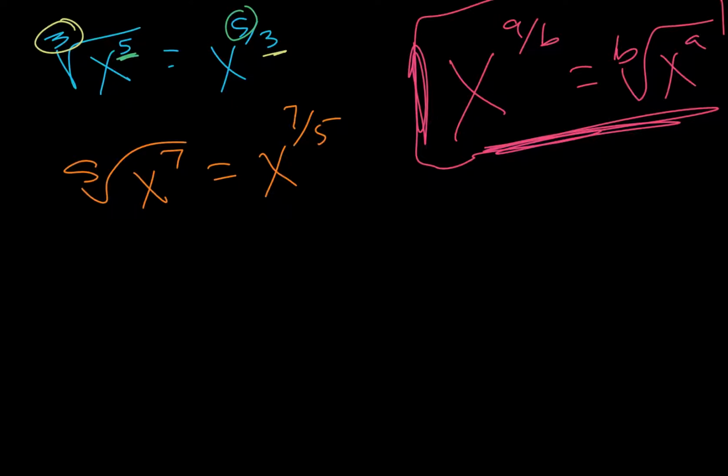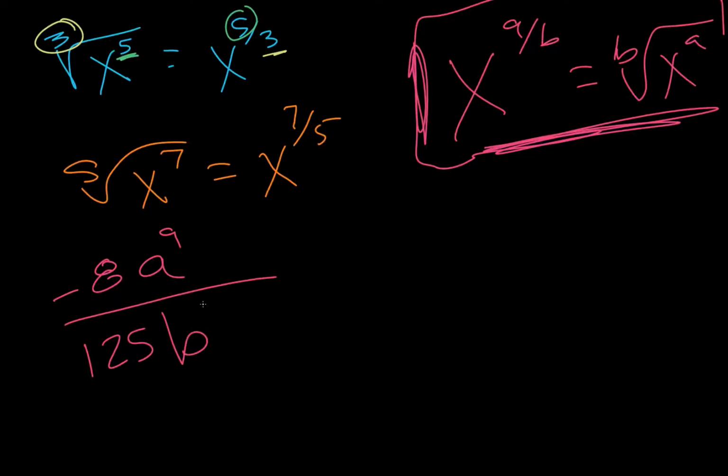Okay, now on your homework, we have a few problems that look something like this. Let's see, a to the 9 and b to the 3, and all of this is raised to the 2/3.